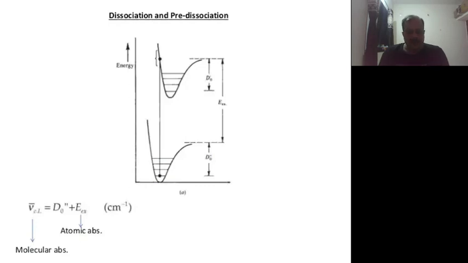D0 is the ground state energy, and D0 double prime is the upper state or excited state energy. The difference of these two energies is the energy EX. The formula is nu bar is equal to D0 double prime plus EX. The first one is molecular excitation, and the second is atomic excitation.